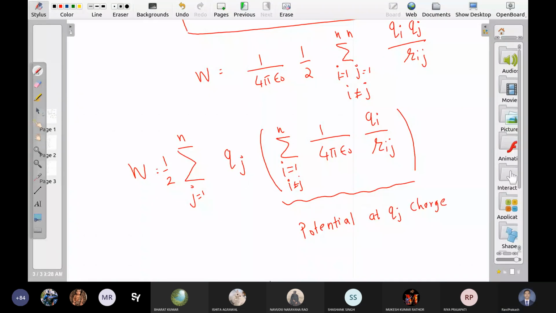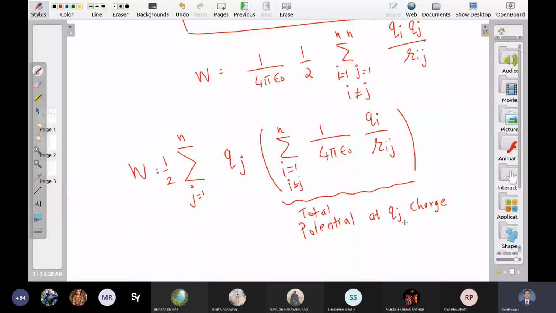Right? Agree? When I put 1, this is Q1 upon R1j, meaning potential at Qj due to charge 1. Put i due to 2, potential at Qj due to charge 2, and so on. So this is the total potential at charge Qj into Qj.